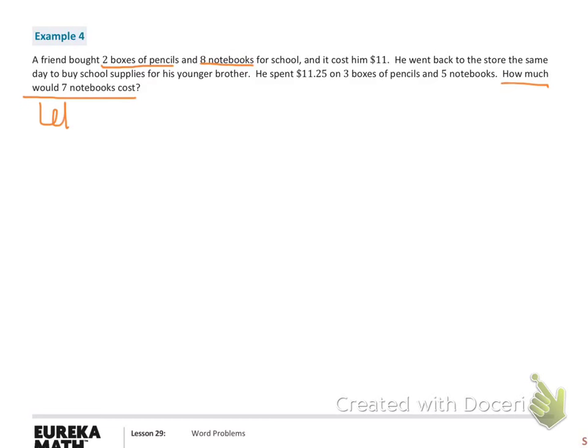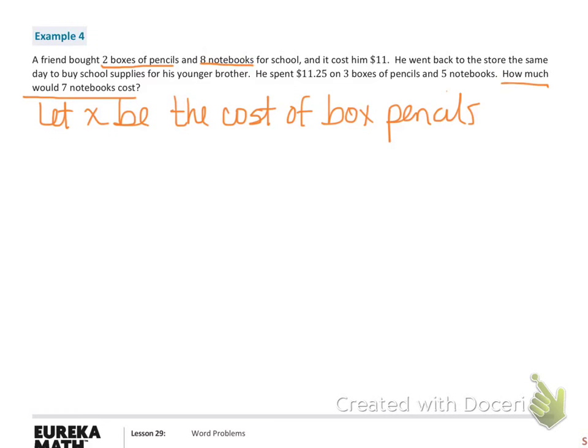So we'll let x be the cost of a box of pencils. And we're going to let y be the other cost that we know about.